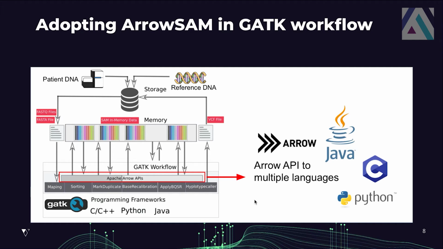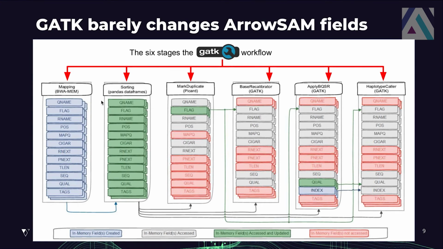To give an example of how the GATK pipeline increases in efficiency as we use the columnar data format, this figure shows how many fields in the ArrowSAM file are being modified by the different stages of the GATK workflow. So we see that in the first stage, all the different fields are instantiated or created. And then in the second stage, all these different fields are modified.